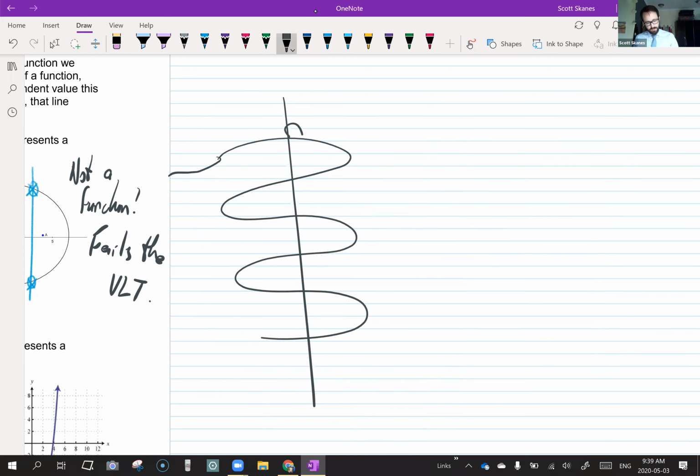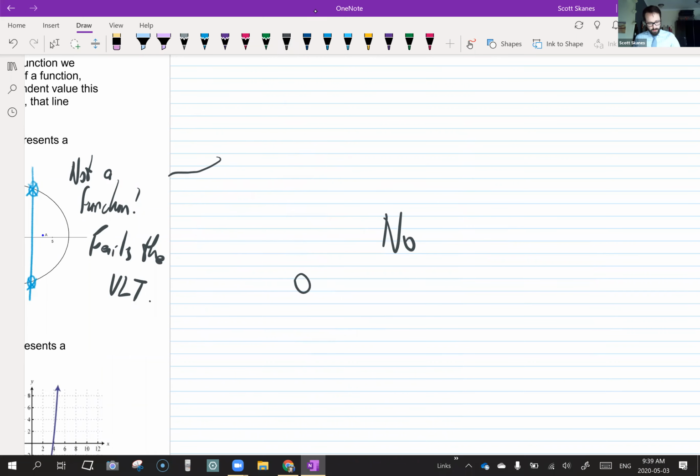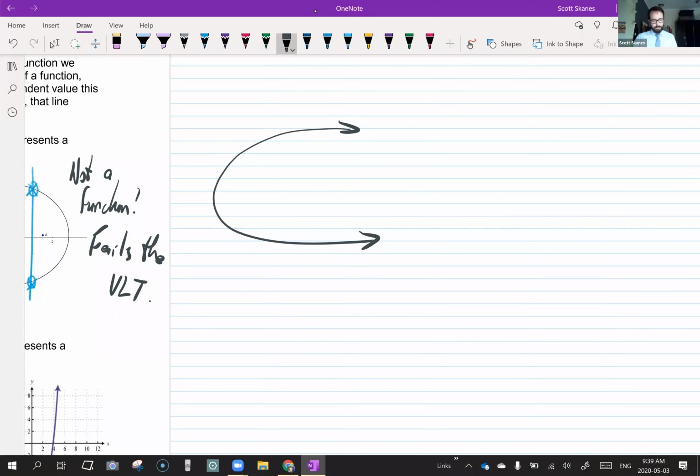So this, of course, hits a bunch of times. It's not a function. What if I had something like this? You know, a sideways parabola. Right away, it doesn't pass the vertical line test. It's not a function. So this is the way we think about this.